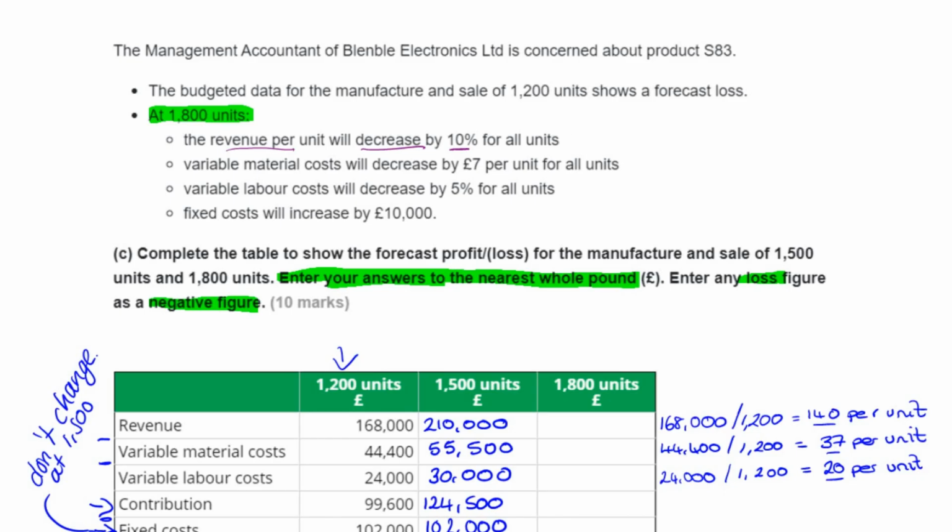So originally it was 140. It's going to decrease by 10%. So we can work out what 10% is. And then we can take that off. And this is our new unit price.